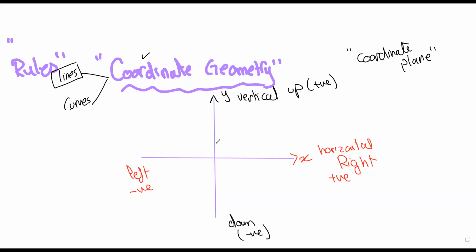Now, what is the line made of? The line is made of a set of points, a lot of points so close to each other, and when we join them, we get a line. This is the starting point and this is the ending point, and you can swap start and end, it doesn't make a difference.